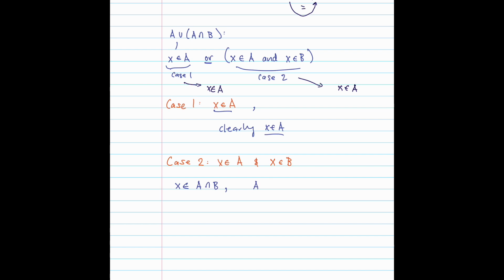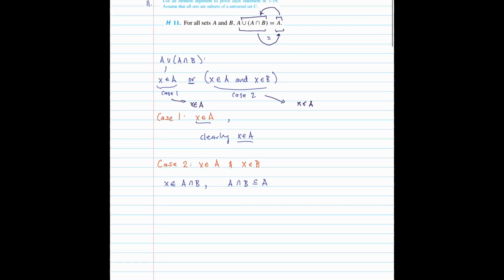And the intersection between A and B is just a subset of the set A, right? So let's just call this A and this is B. Then this will be the intersection between the two. And if we just look at A alone again, what we just highlighted was basically this part of A. So obviously A intersection B is a subset of A, right?